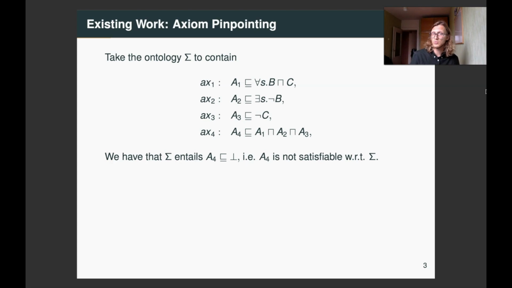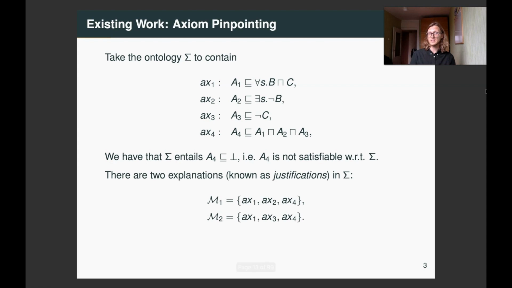We can see that, for example, if axiom 1, axiom 3, and axiom 4 hold, then both C and not C have to be true, which implies that A4 is not satisfiable. So in this context, the two explanations, also known as justifications, would be axiom 1, axiom 2, and axiom 4, because in the first case, for all S B and exists S not B are not compatible. And the second one, as we've seen, axiom 1, axiom 3, and axiom 4.